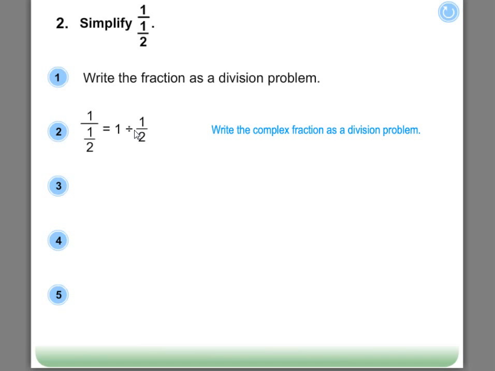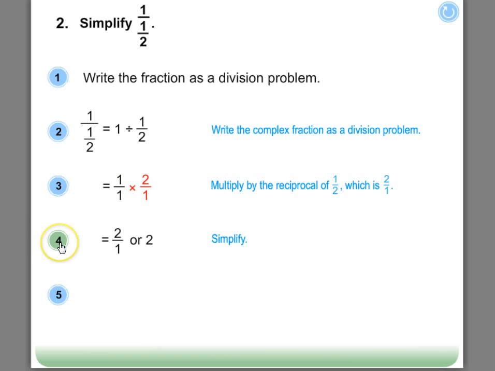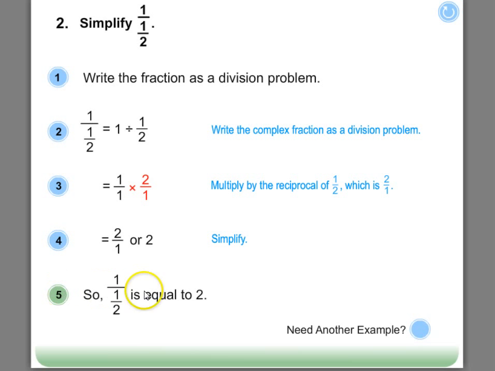So if it is 1 divided by a half, we cannot switch it around to say it's a half divided by 1. You will get two different answers. Alright, so again, this is 1 over 1, and we multiply by the reciprocal here. So the answer will be 2. Alright, so 1 over 1/2 is the exact same thing.